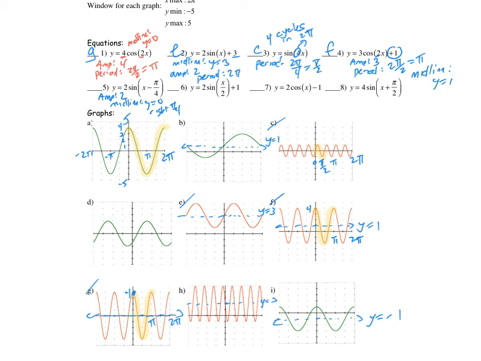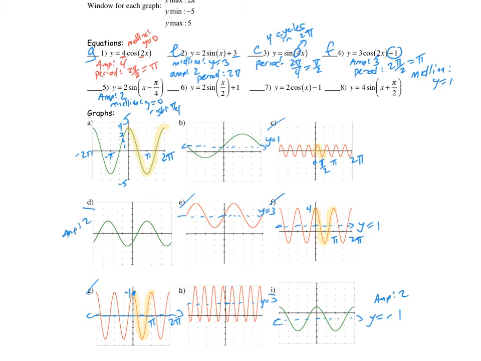D has an amplitude of 2. And which other options do we have? H has an amplitude of 3. I has an amplitude of 2. So let's see, I'll write that down. I has an amplitude of 2. And D has an amplitude of 2.